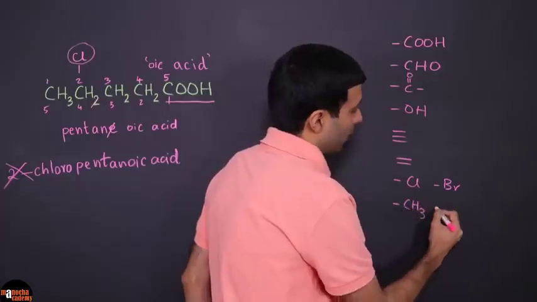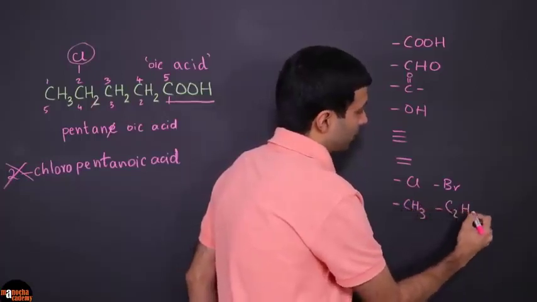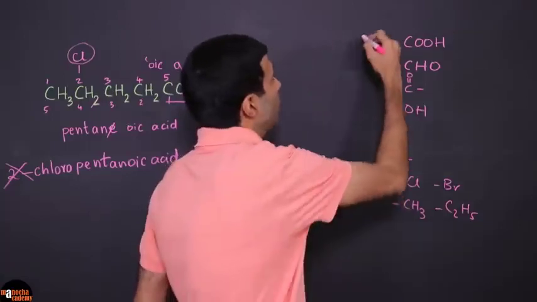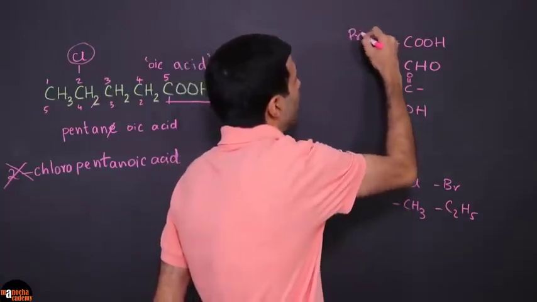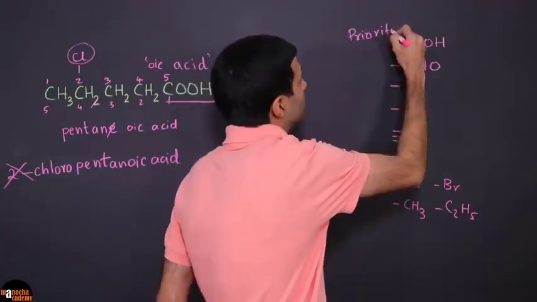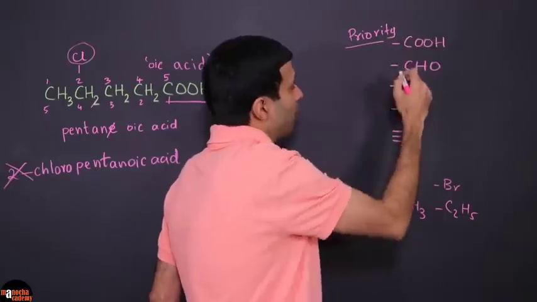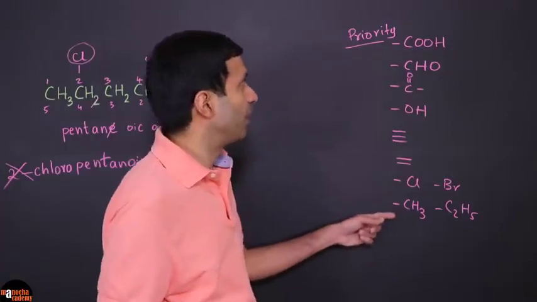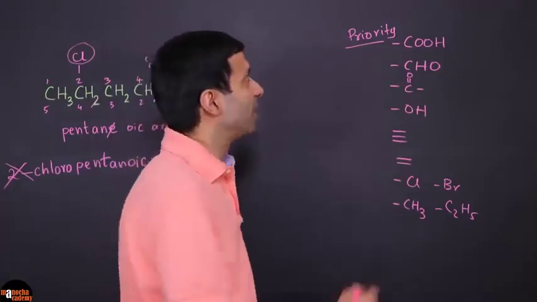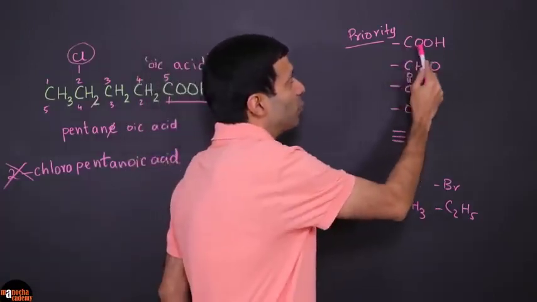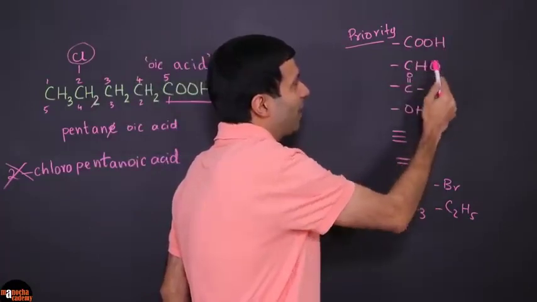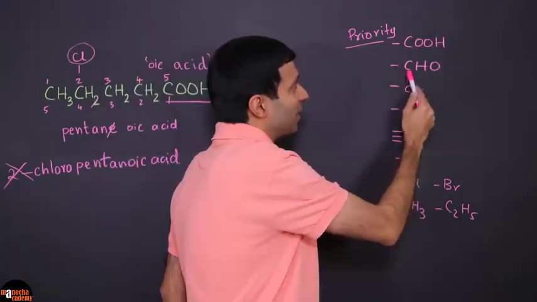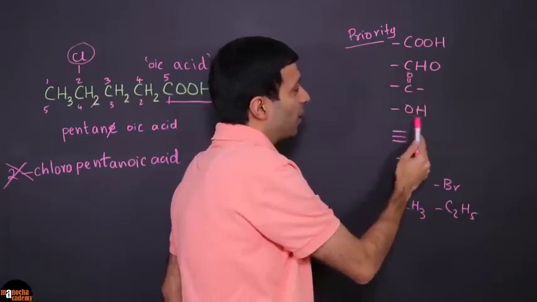things like methyl, ethyl. So this is our priority list here, and the top ones are at higher priority and this one is at the lowest priority. An easy way to remember is, this one has the most oxygen atoms, 1, 2, 3, 4, so that's the top priority here. This has 3, this has 2, and this one doesn't have carbon.